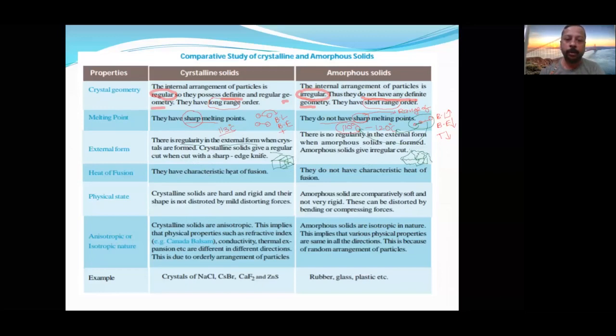Next, heat of fusion. Already I told you, the heat of fusion of any part of the solid. You can pick from the left side on top or the right side on the bottom, any part of it. You take 1 gram, then the heat required for fusion of that 1 gram is going to be the same everywhere. So that is called the characteristic heat of fusion.